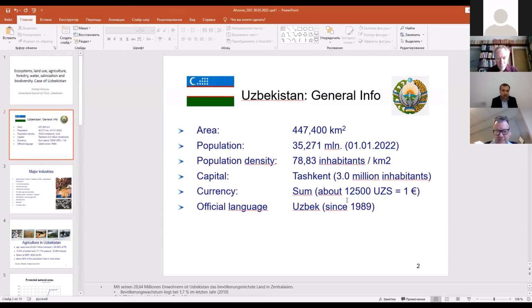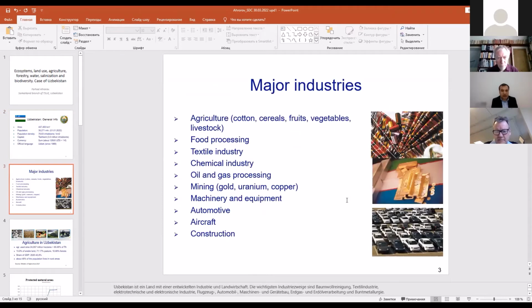Capital is Tashkent, currency is Sum, and official language is Uzbek. And our major industries of economy: agriculture, food processing, textile, chemical, oil and gas processing, mining, machinery, automotive. We had aircraft, but not anymore, and construction.